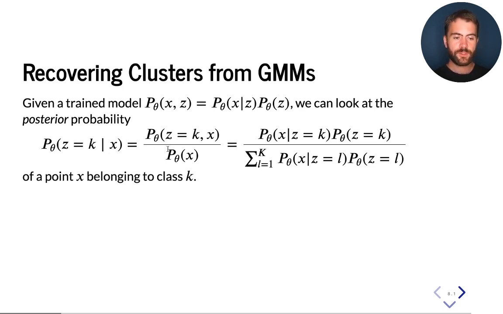We first apply the definition of conditional probability, and then in the numerator we expand it using the normal structure of our model, and we use the law of total probability to do something similar at the bottom. This gives us a posterior probability, which is literally the probability that x came from the cluster with index k.